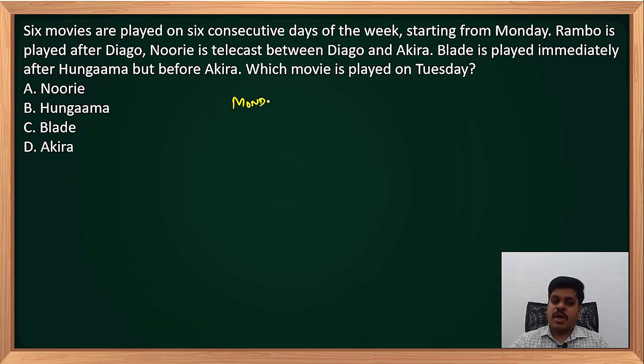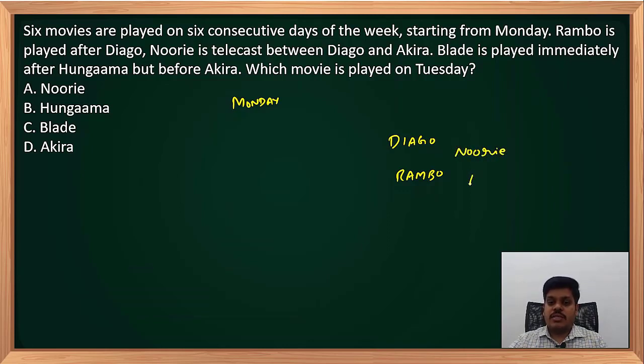Then Rambo is played after Diego. So Diego, and after Diego, it is Rambo. Diego and Rambo need not be on consecutive days, so we can have other films in between. Then Nuri is telecast between Diego and Akira. So after Diego, it is Nuri.